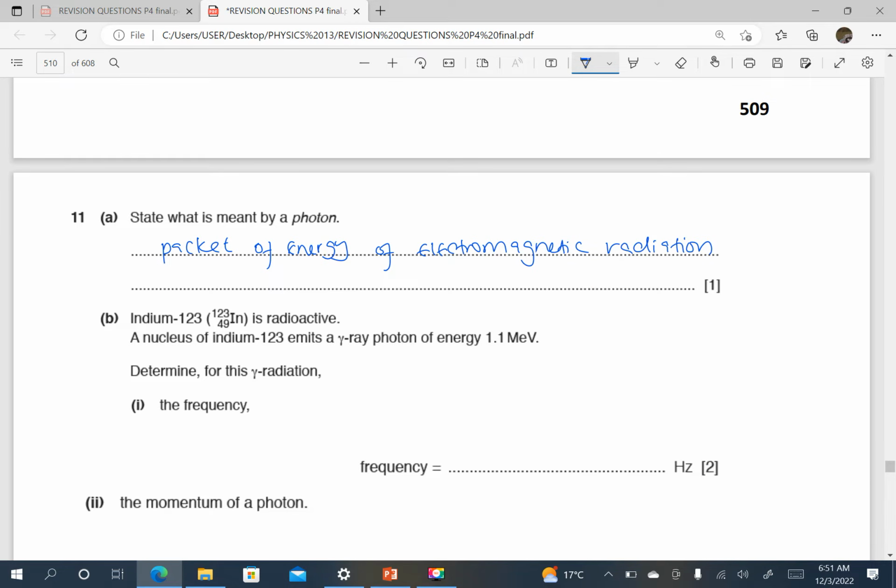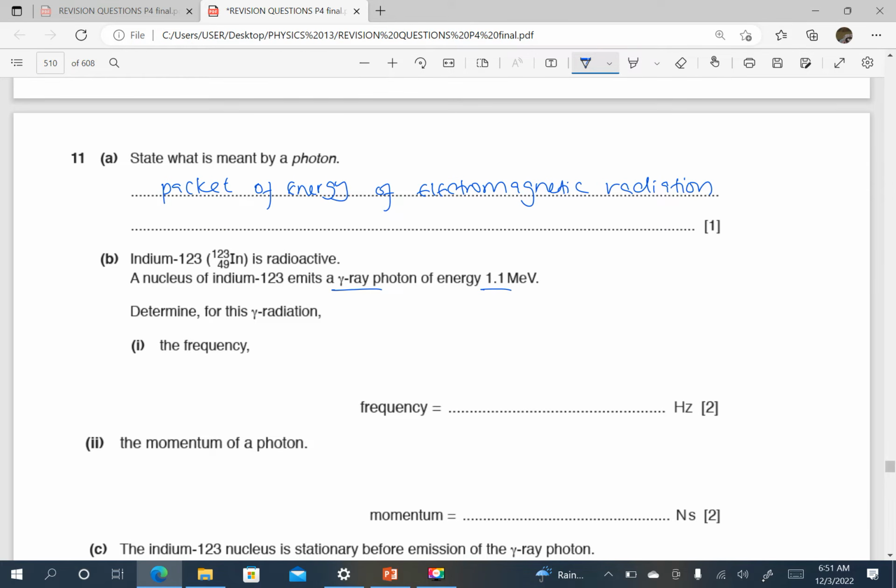Indium-123 is radioactive. A nucleus of indium-123 emits a gamma photon of energy 1.1 mega electron volts. Determine for this gamma radiation the frequency. So we want to determine the frequency for this gamma radiation.